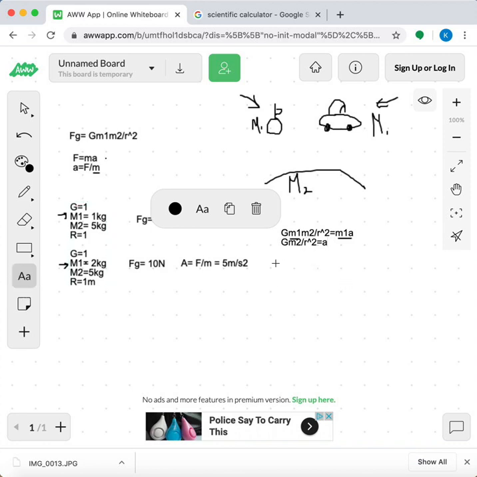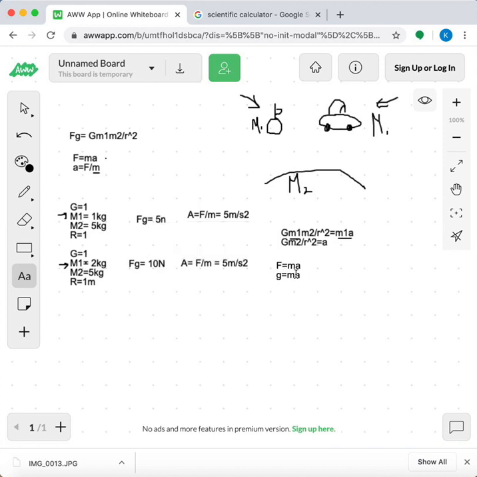The other simpler way I can do some substitutions for this formula is on Earth, force is equal to mass times acceleration. The force that all things are experiencing on Earth is equal to their mass times their acceleration due to gravity. So I end up with the formula F is equal to mg, which is equal to ma. Again, we can see that the mass of the object is on both sides, so we can delete it.